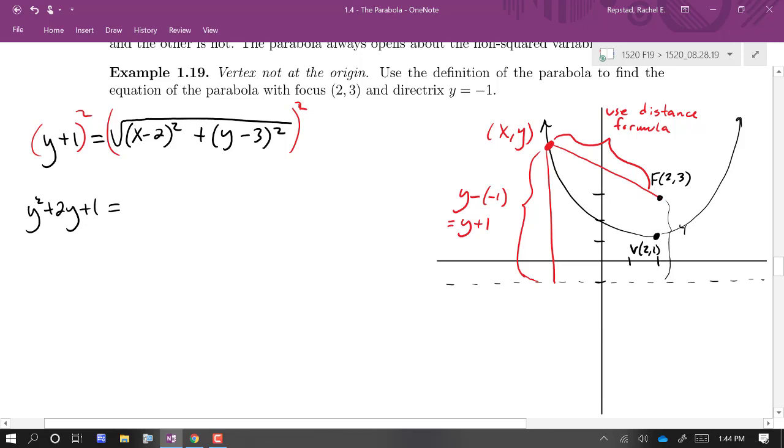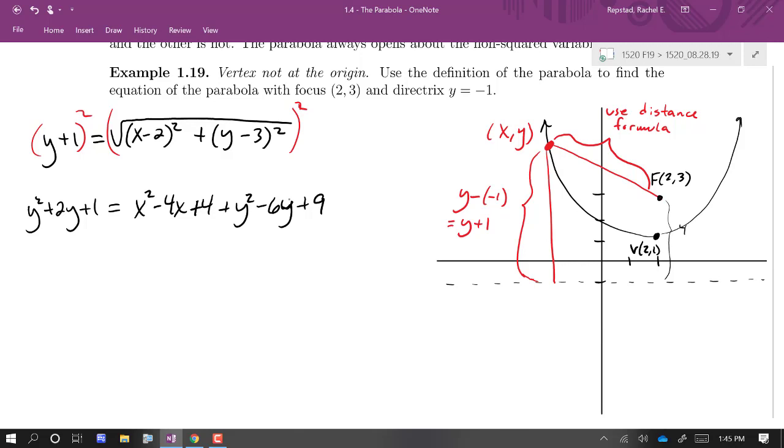Is everybody okay if I also, at the same time, FOIL out those squares? So we get x squared minus 4x plus 4 plus y squared minus 6y plus 9. Doesn't look much better. But the y squareds are going to drop out. I've got a single y squared on both sides.